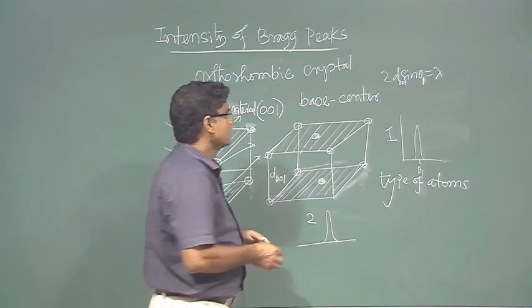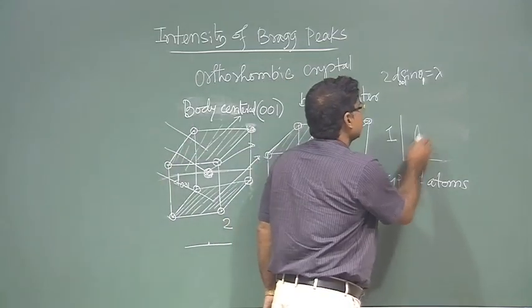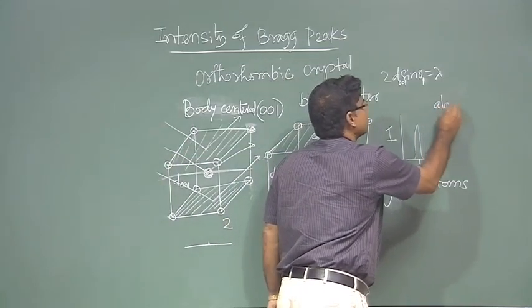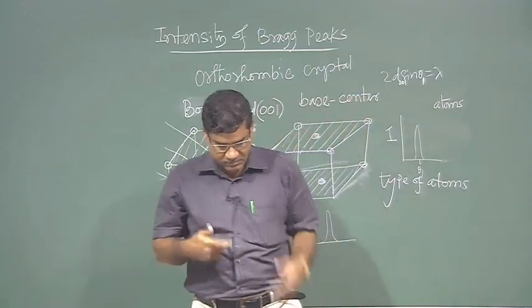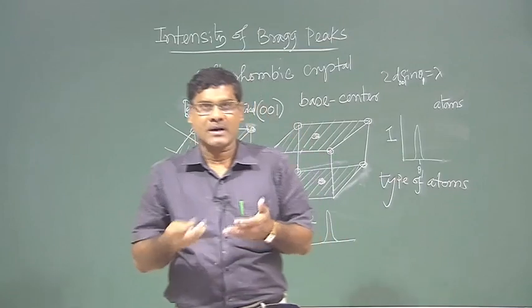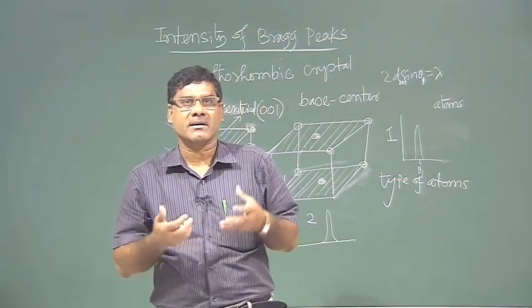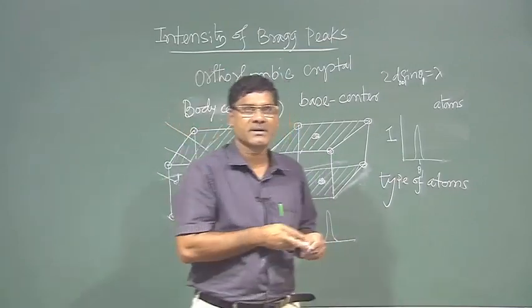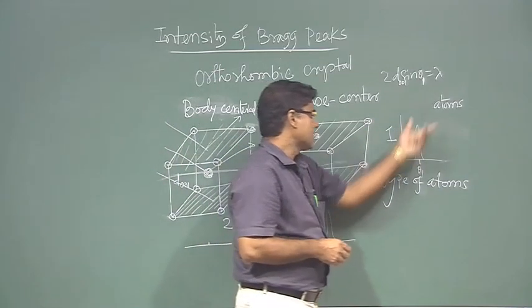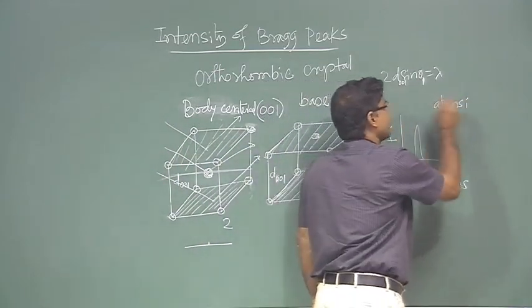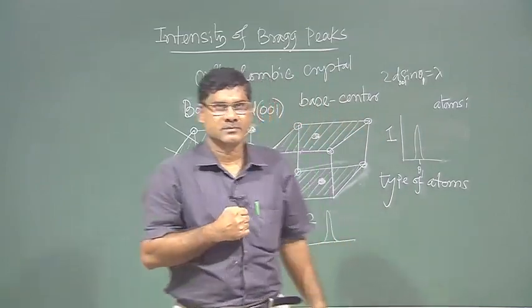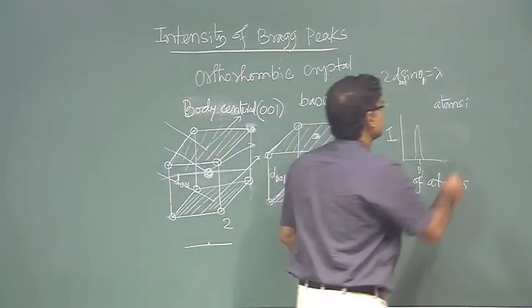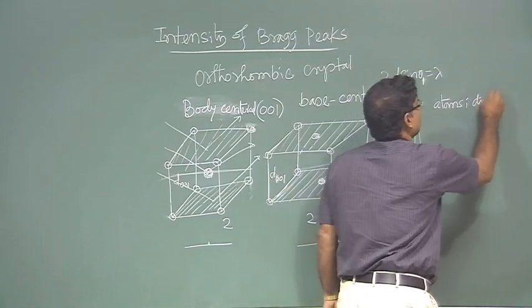So, it will depend on the atom. In atoms, what is there? From atom to atom, the number of electrons is different. So, intensity will depend basically on the distribution of electrons in that atom, right. So, this is one factor, distribution of electrons.